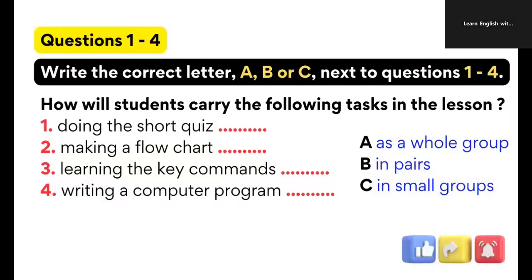The test is in four parts: Part 1, Part 2, Part 3, and Part 4. Now look at Part 1. You'll hear two university students planning a computer programming lesson.